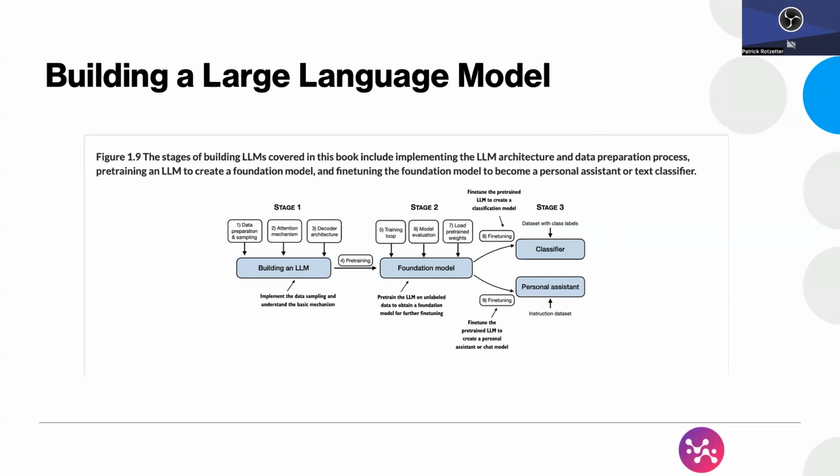Now, we'll go into more detail on how to build a large language model. We are almost over with all the basic understanding of large language models, and we'll go more into how to build one. The book, by the way, from Sebastian is made of 3 main stages. The first stage is about learning how to build the LLM. We will learn about the fundamental preprocessing steps and how to code the attention mechanism.